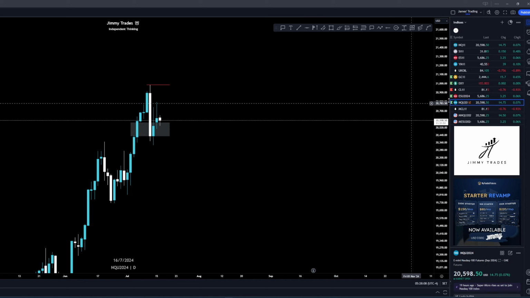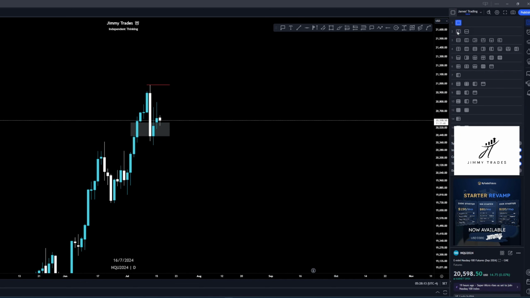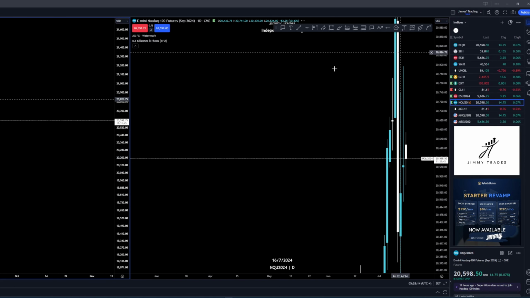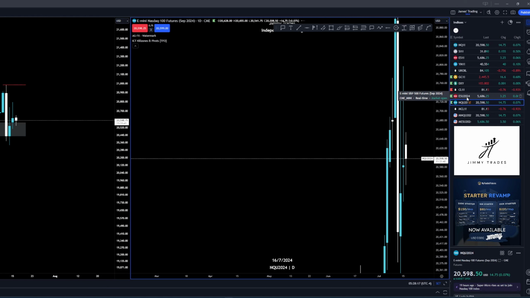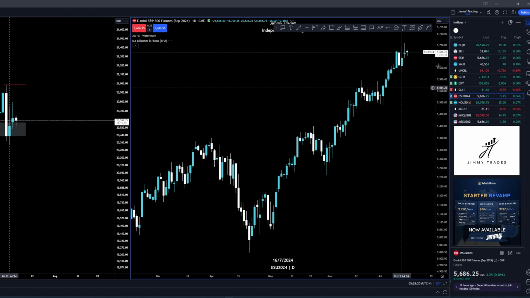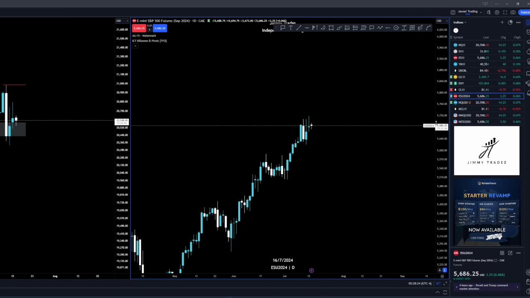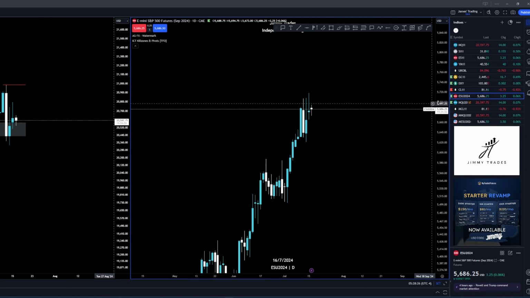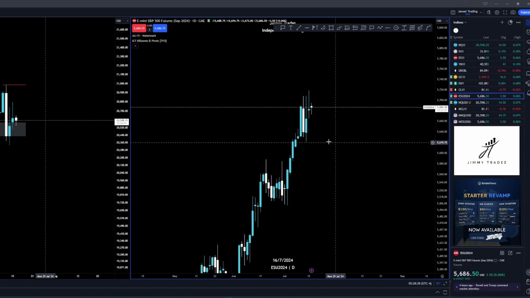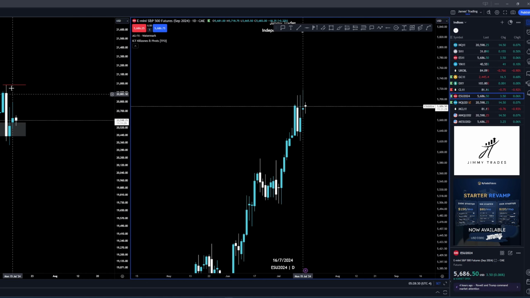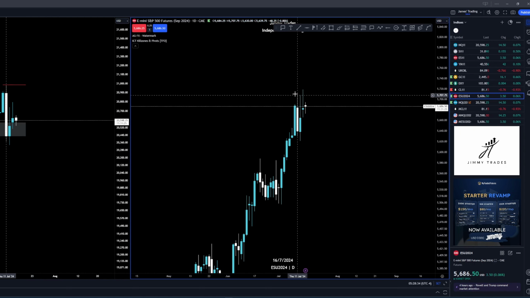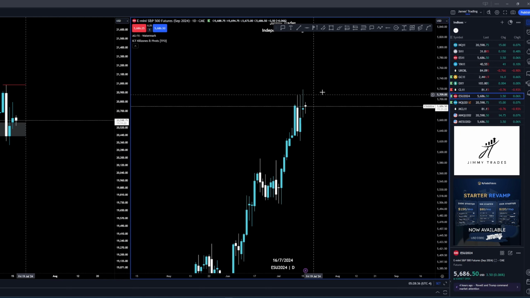Okay, so with that in mind, I do want to quickly jump to ES on the daily so we can compare the two charts. In fact, we'll split screen that and drop ES over here. Now what we see on ES is that NQ was unable to reach the highs, whereas ES was able to sweep the highs.